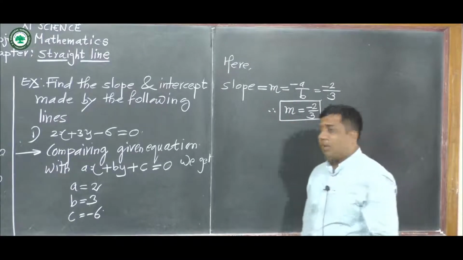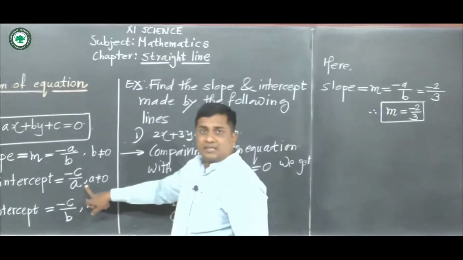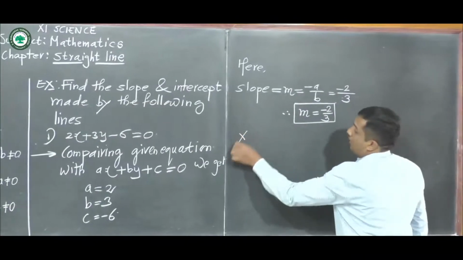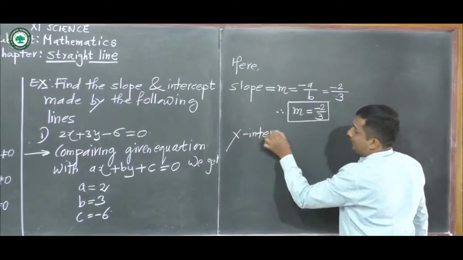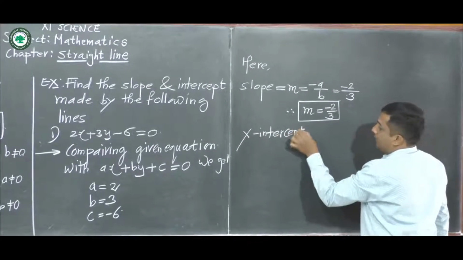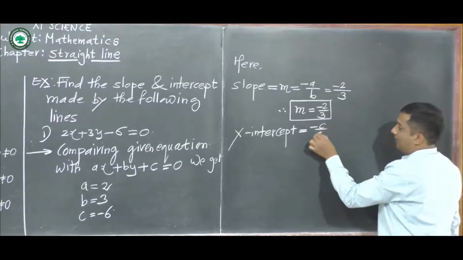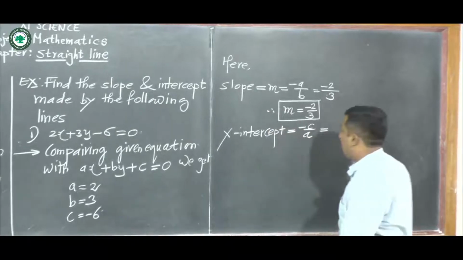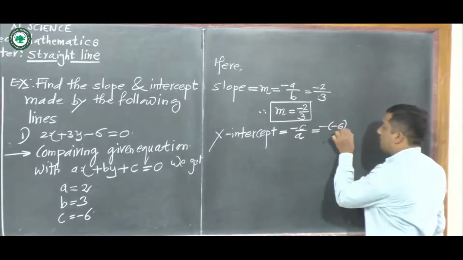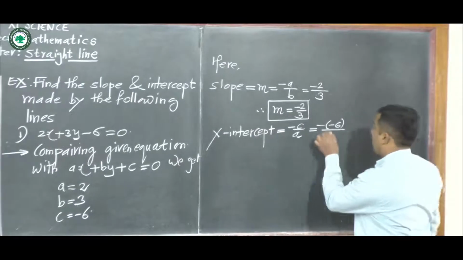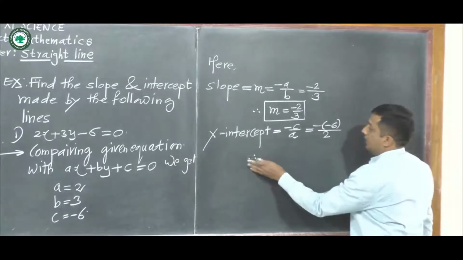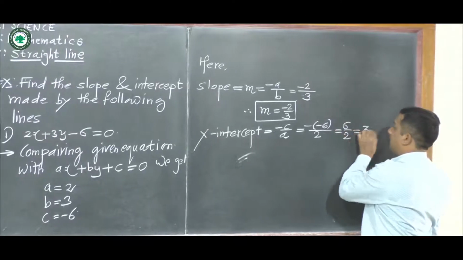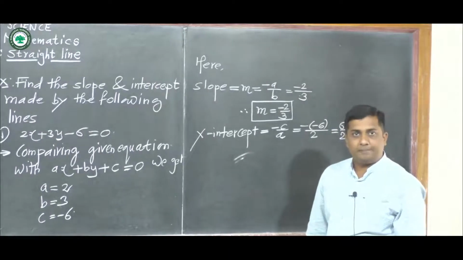Now we find the x-intercept. The x-intercept is minus c upon a. So the x-intercept is equal to minus c upon a, and we know c is minus 6. So minus of minus 6, divided by a, which is 2, and lastly we get 6 upon 2, which is 3. The x-intercept is 3.